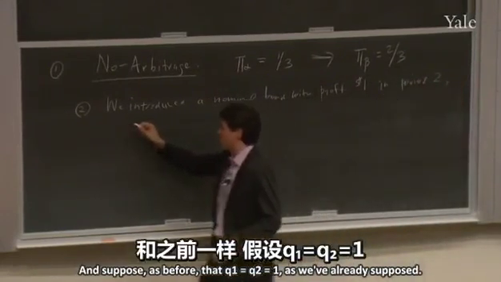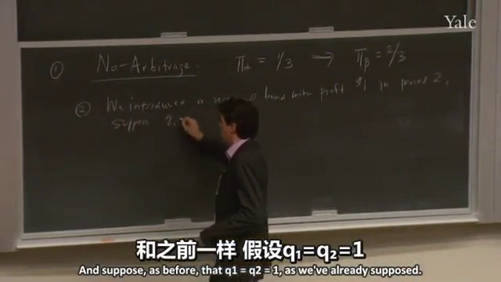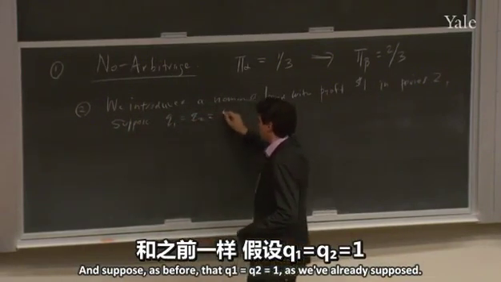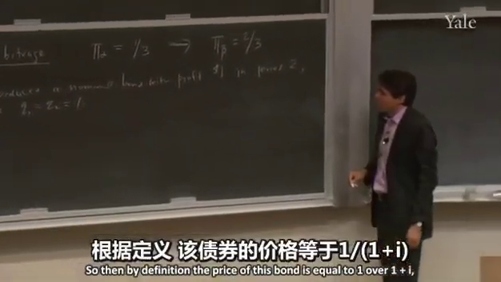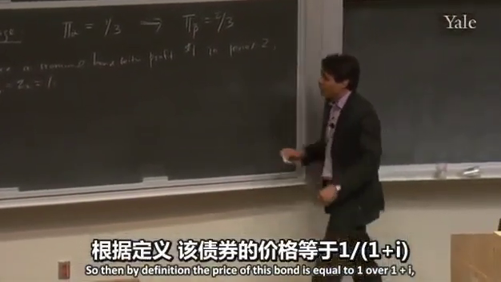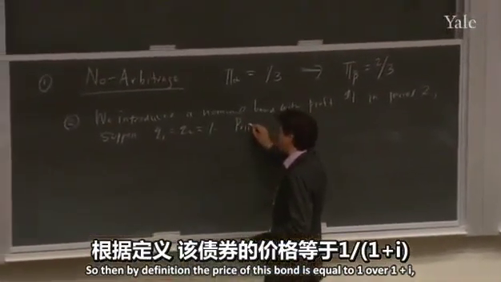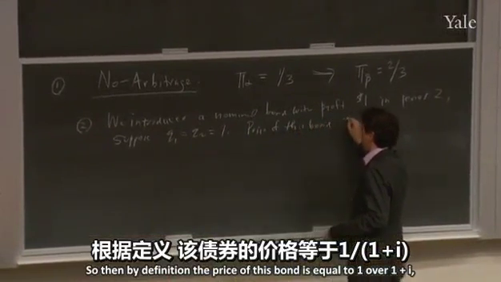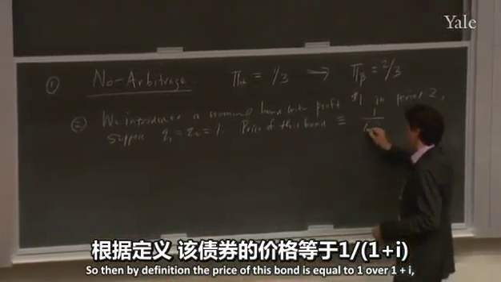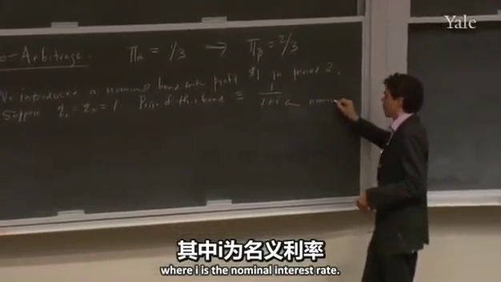And suppose, as before, that Q1 equals Q2 equals 1, as we've already supposed. Okay, so can we figure out? So then, by definition, the price of this bond is equal to 1 over 1 plus I, where I is the nominal interest rate.